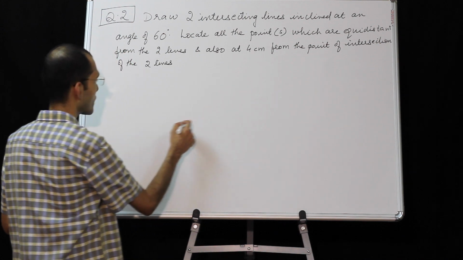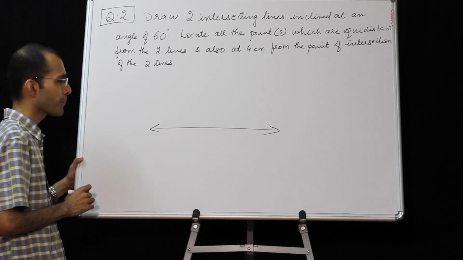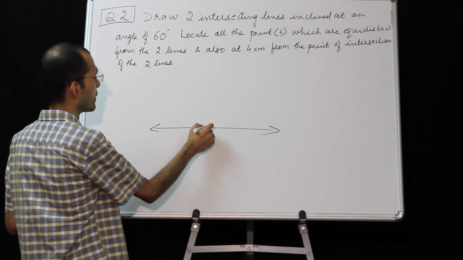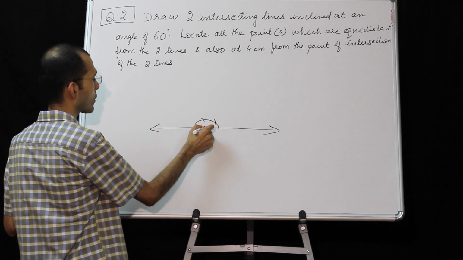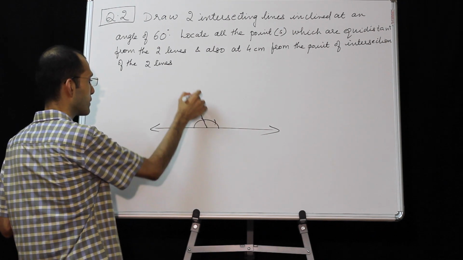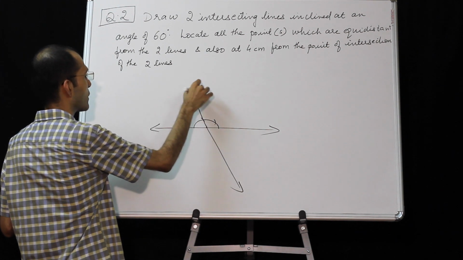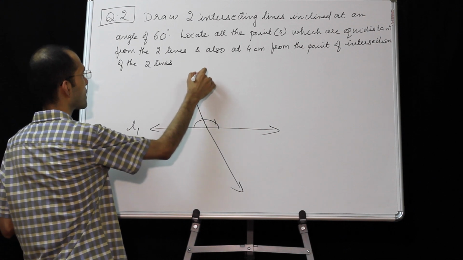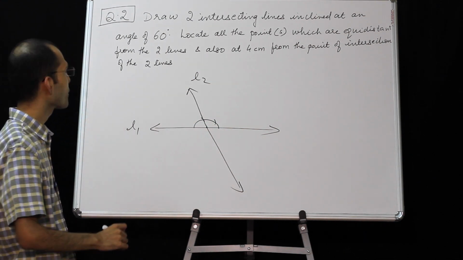So first we just draw a line with a scale, of course. Take any random point here. Draw a 60-degree angle, which you are aware how to draw. So this line is say L1, this line is L2, this angle is 60 degrees.